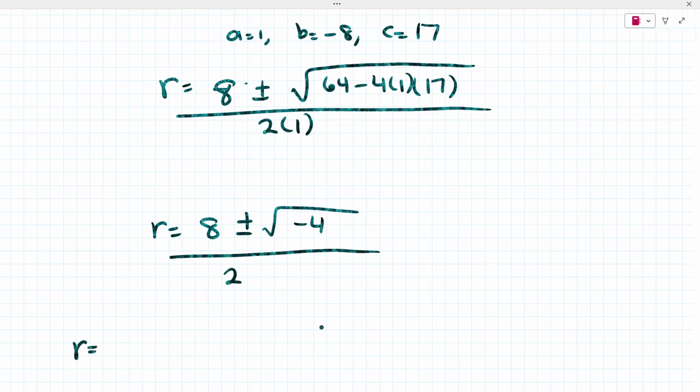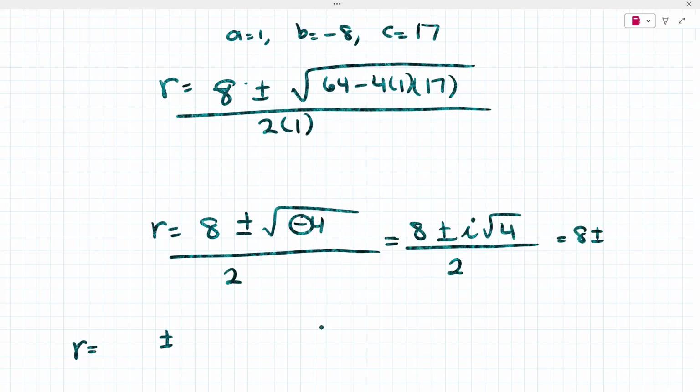Actually, before I divide everything by 2, let's clean this up. It's 8 plus or minus... you can't have a negative in the radical, so you take out an i. And then this is 8 plus or minus the square root of 4, which is 2, so that's 2i over 2.